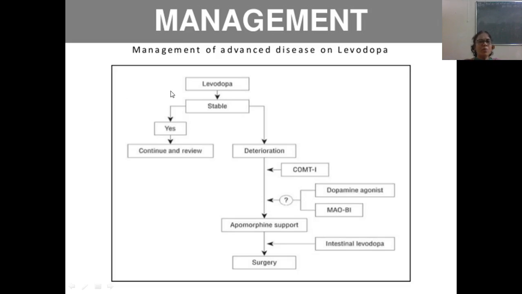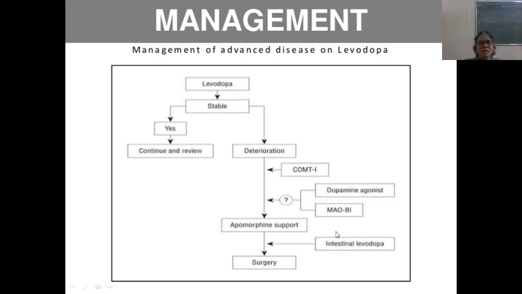When the patient is given levodopa, he will be stable. If the patient is stable, continue and review. If there is deterioration even with levodopa, then COMT inhibitors can be given along with dopamine agonist and MAO-B inhibitors. Apomorphine can be given if the symptoms are still progressive despite these drugs.